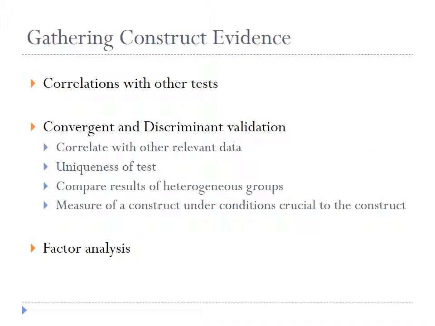There are several ways that we can gather construct evidence. We could correlate our tests with other tests. We can correlate with relevant data we find in the research. We could assess the uniqueness of our test. Are we measuring a construct that may not have been covered in previous instruments?